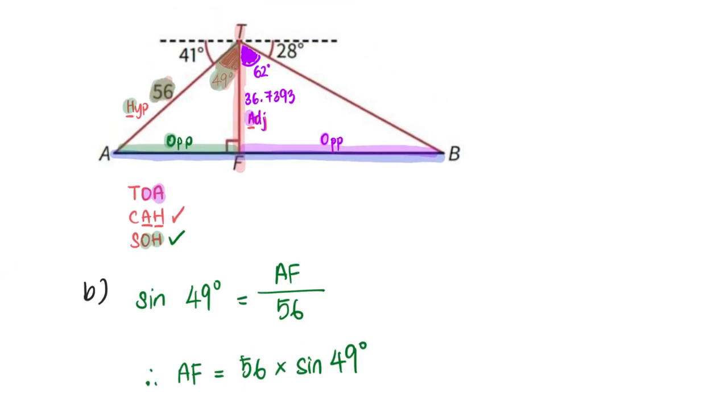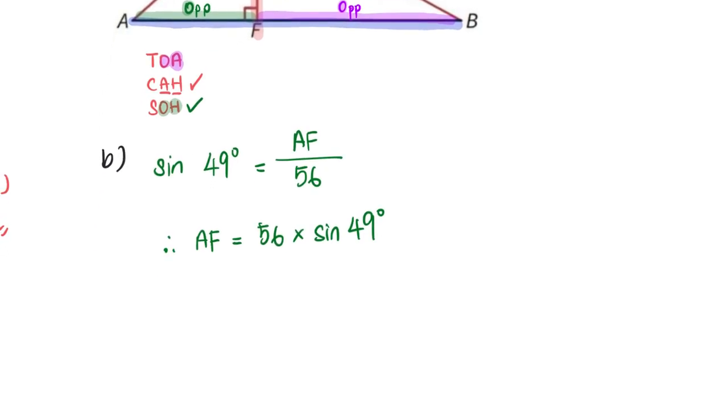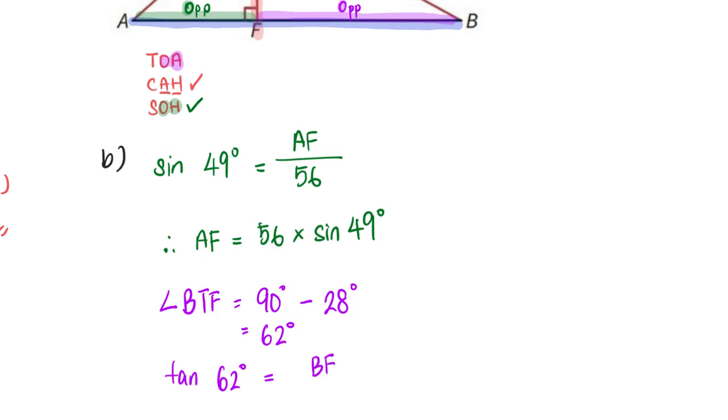So from here, I will then be able to have tangent 62 degrees. But before that, do let people know that angle BTF is equal to 90 minus my 28 degrees. And therefore, tangent 62 degrees, opposite is my BF, adjacent is 36.7393.